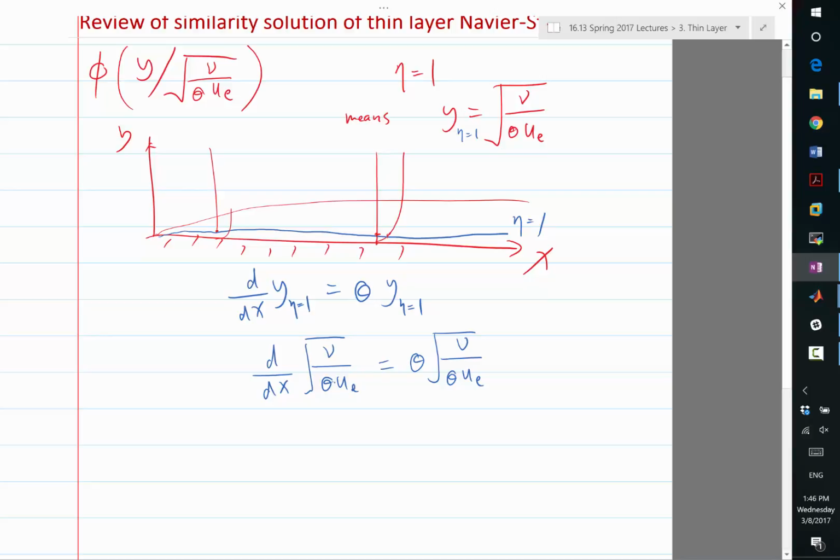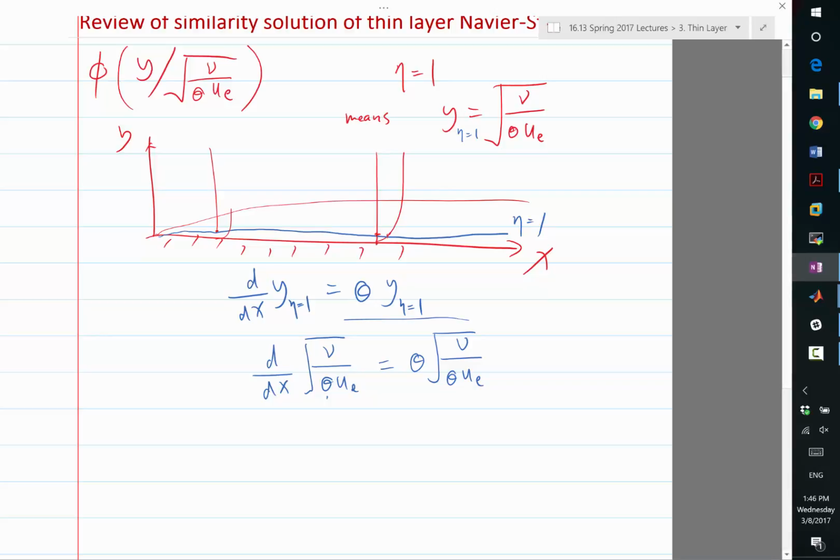So there is a bunch of things we can do now. So let's look at what. Nu is constant, theta is not constant, and I wonder if this is the most efficient way to do this.